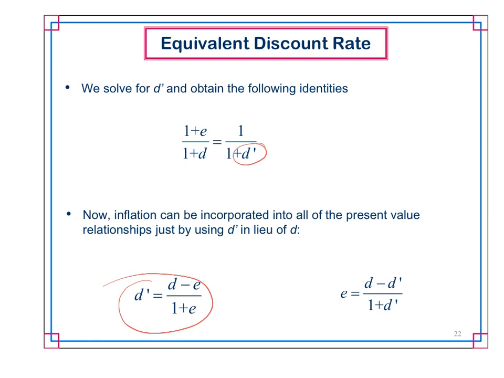If we have a 10% interest rate and ignore the effect of inflation, we get 10%. D prime will always be less than our unescalated discount rate.